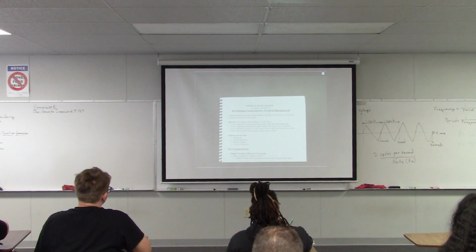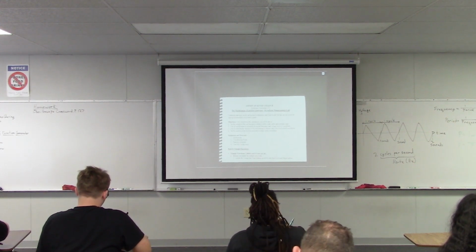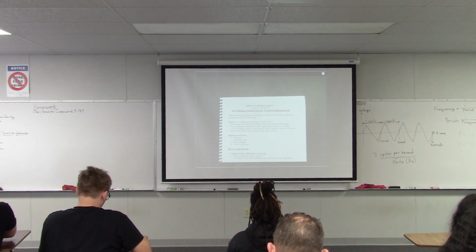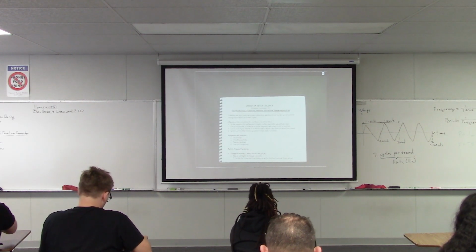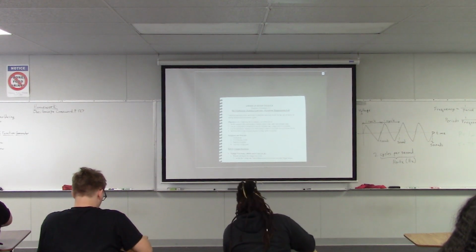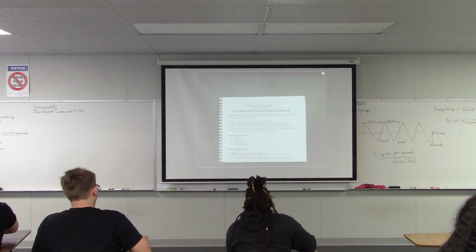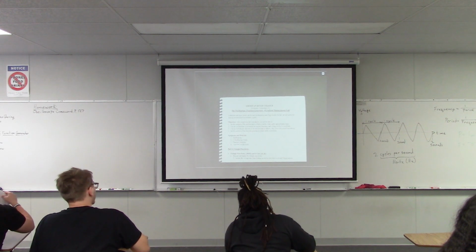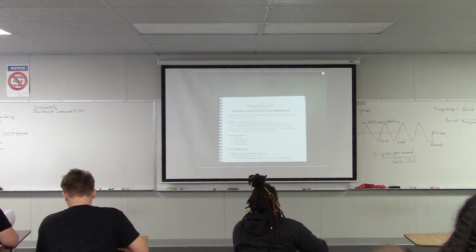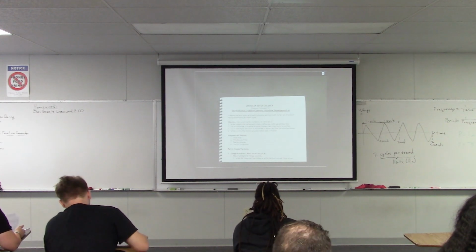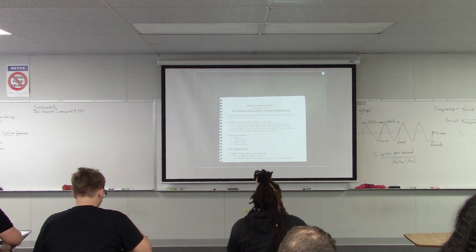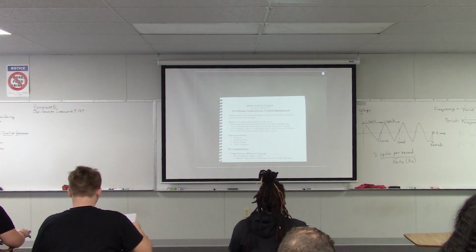So the first part of the lab says that we want to create a triangle wave that's at 1,000 hertz and 4 volts peak to peak. So that's what we've done really here. We created a triangle wave. We set it to 1,000 hertz, and we made it 4 volts peak to peak.